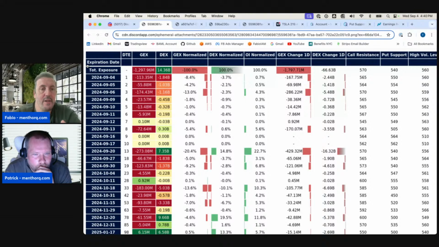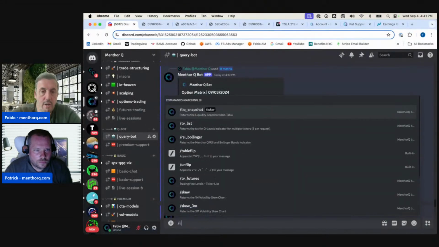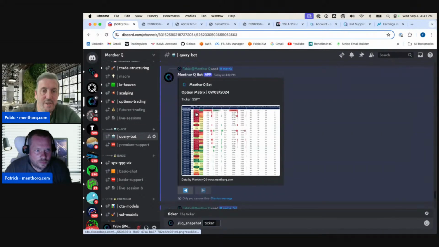If the market is in negative gamma, meaning that there is more put option activity, or if the market is in positive gamma. So here you can see the number here. So whenever you see in the matrix that there's a red here and there's a negative number, then you can also confirm back and you can look at our liquidity snapshot tool that will simplify that for you.